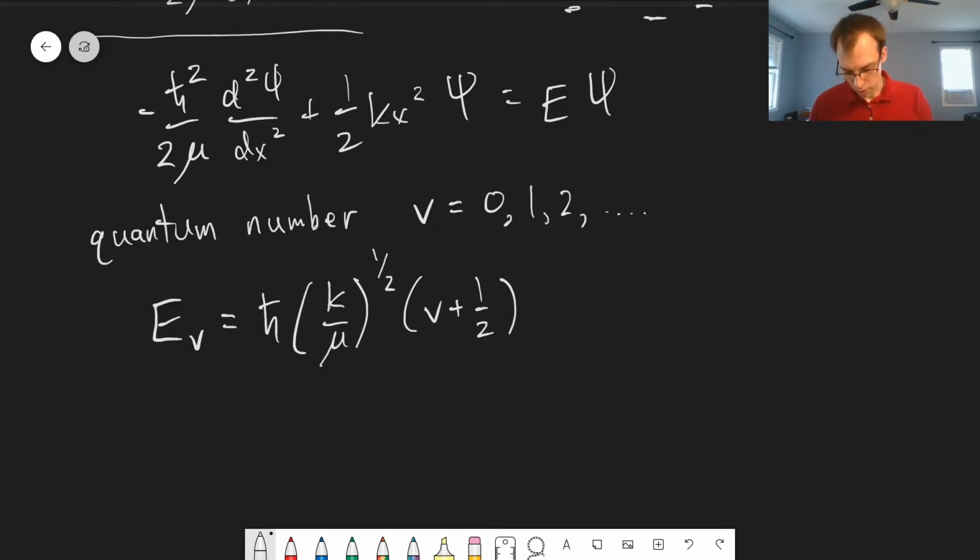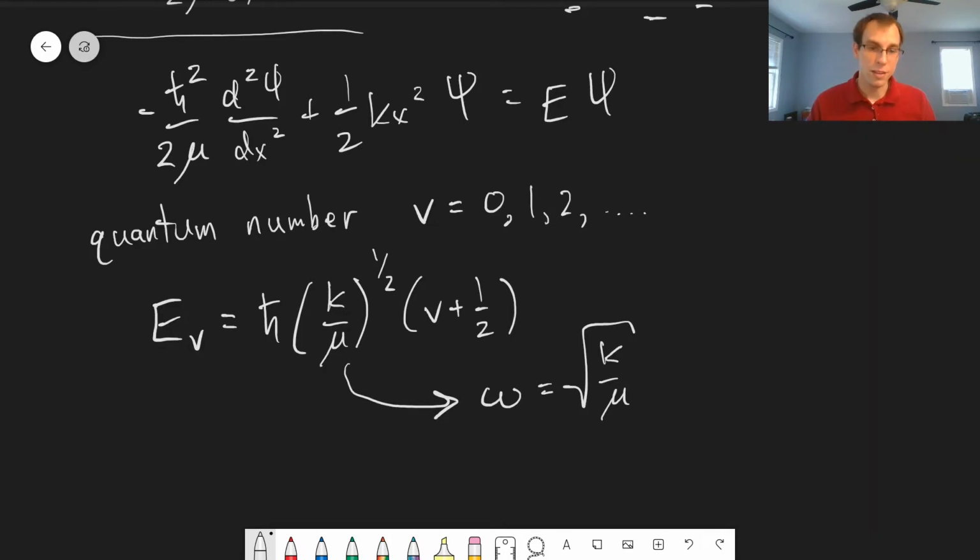We take this square root of k over mu, and we define this as the variable omega, which is equal to the square root of k over mu. This shows that there's a relationship in the energy levels between the strength of the bond and the reduced mass. If we increase the force constant k, that will lead to a higher value of omega.